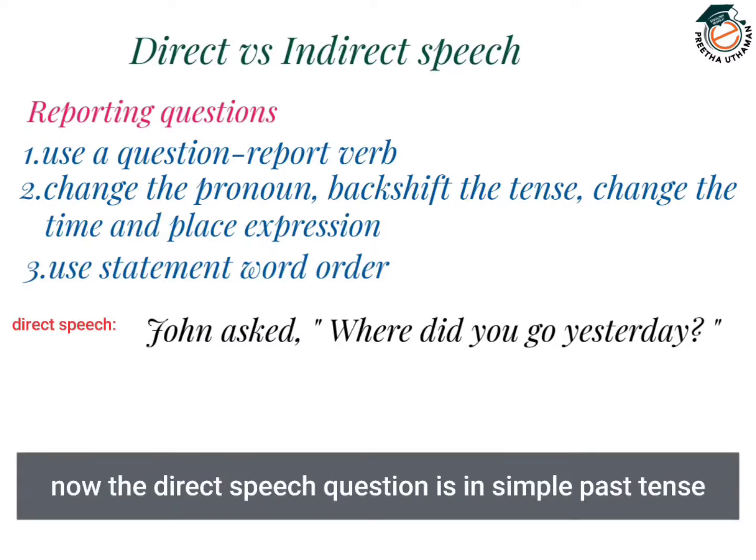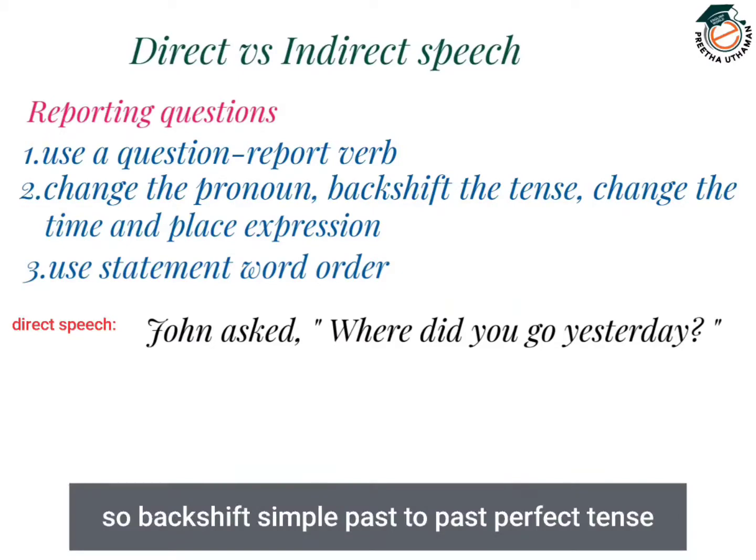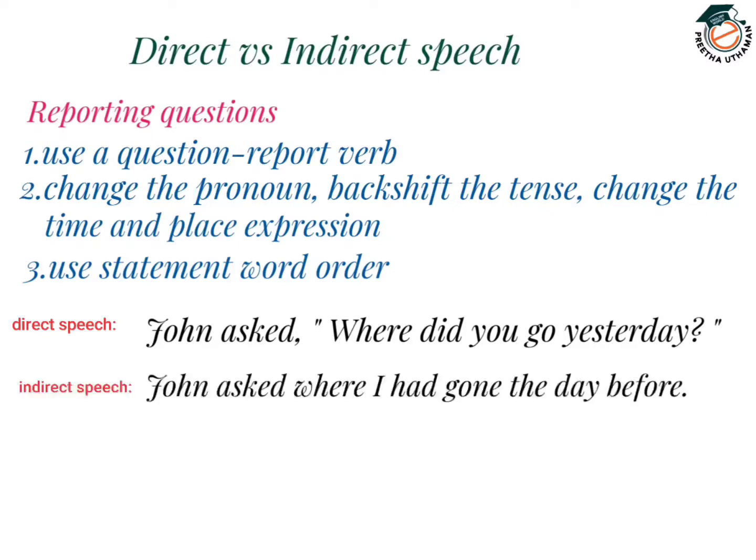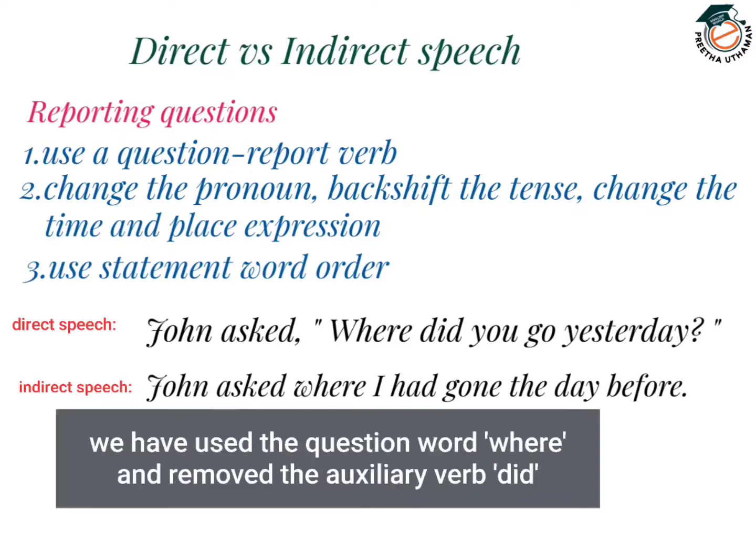Now the direct speech question is in simple past tense. So we need to backshift simple past to past perfect tense and put it in a statement form. So John asked where I had gone the day before. So we have used the question word where.